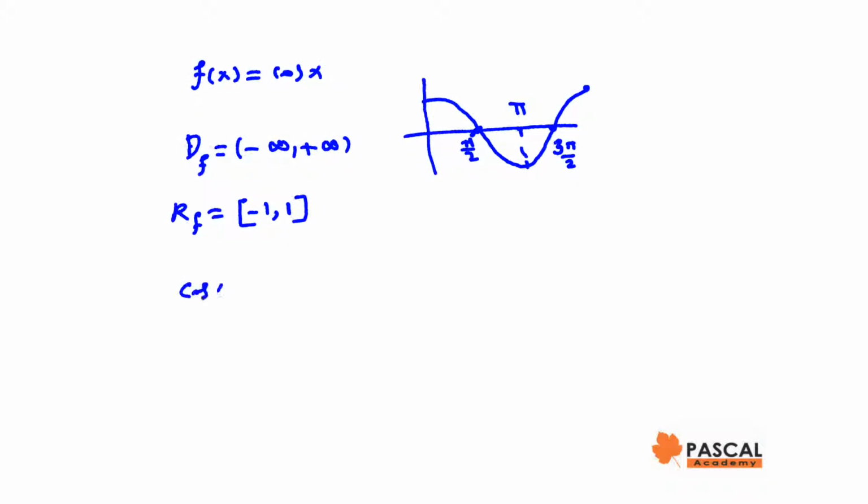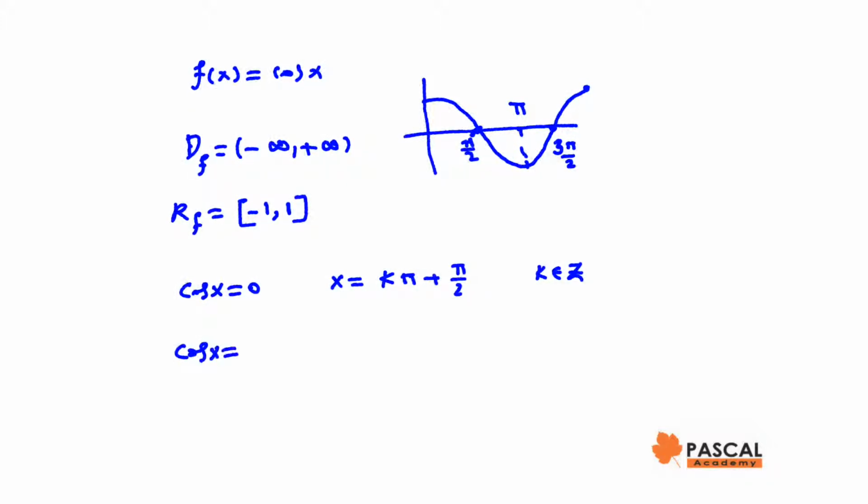When cosine of x is 0, x is pi over 2, 3 pi over 2, 5 pi over 2, and so on. K pi plus pi over 2 when k is an integer.